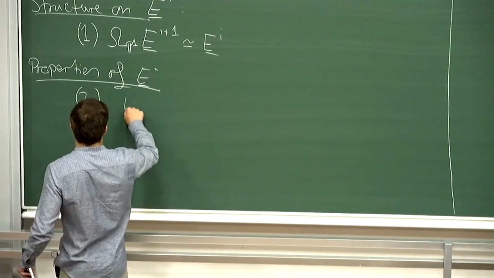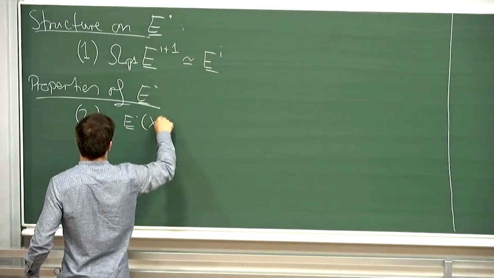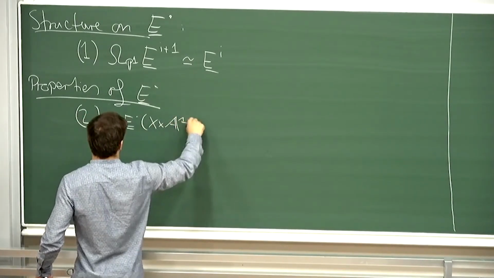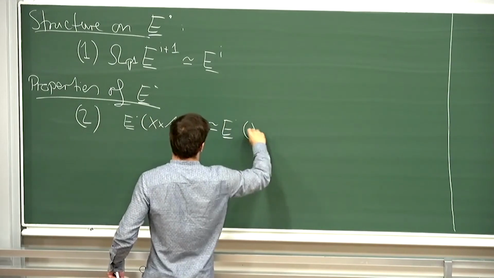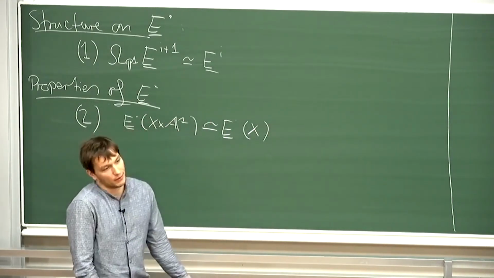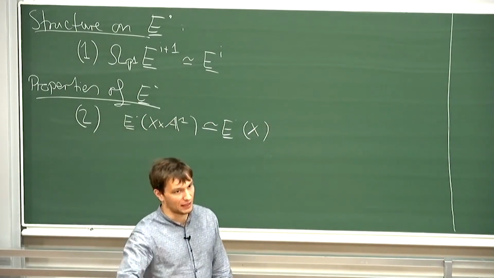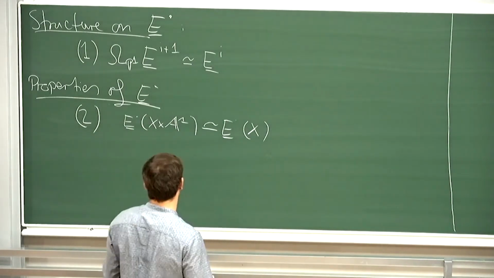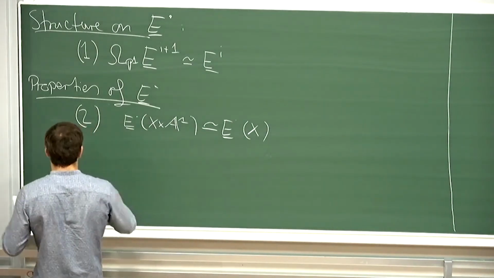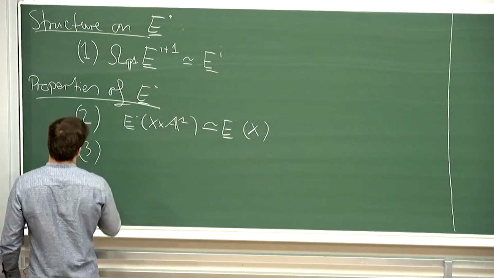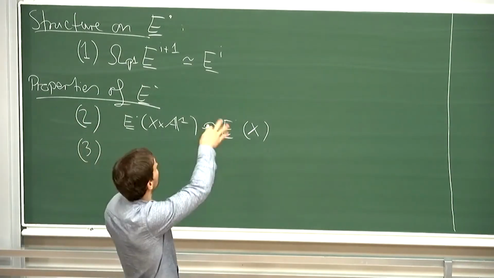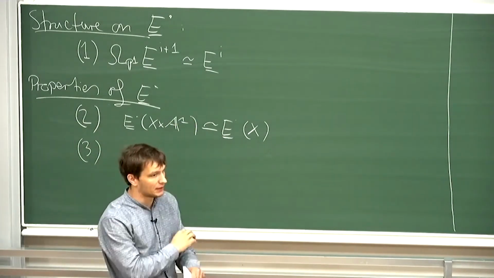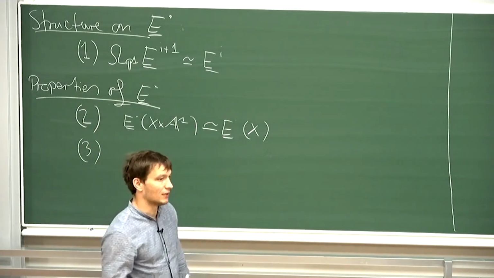So E underline bullet of X cross A1, there's a natural comparison with E underline bullet of X, and that is an equivalence. So as I said in the very beginning, everything will be A1 invariant. This is built into the theory from the start. And the other also pretty obvious property is that these are all Nisnevich sheaves. Again, because the way the motivic homotopy category is built, this Nisnevich sheaf property is built in from the start.